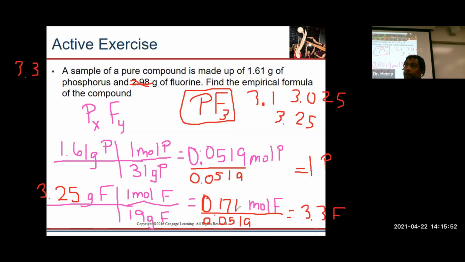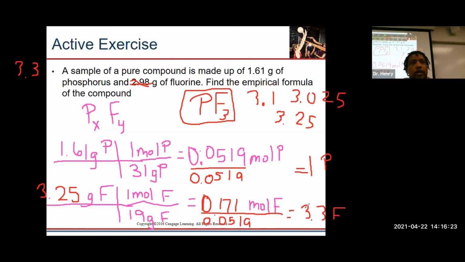Now if I divide that by 0.0519, I get 3.3. Okay, so in this case, that number is such a high number that I can't just round up or round down. I'm going to have to take it into consideration. So I need to figure out a number that I can multiply this by to make it a whole number.